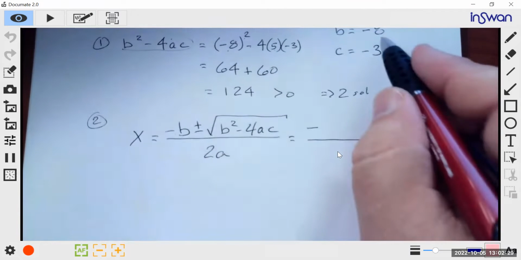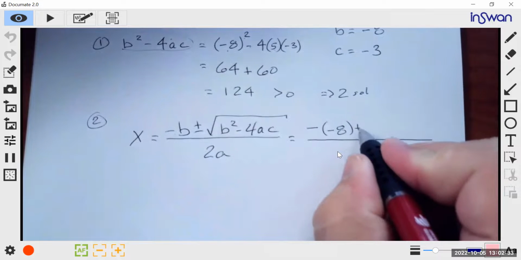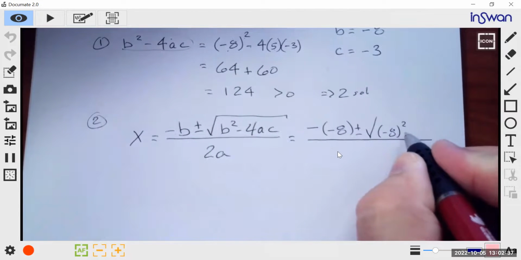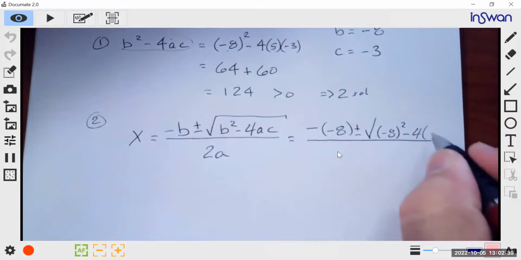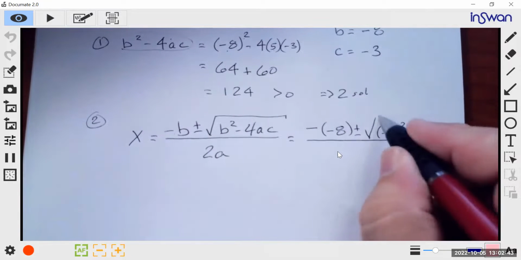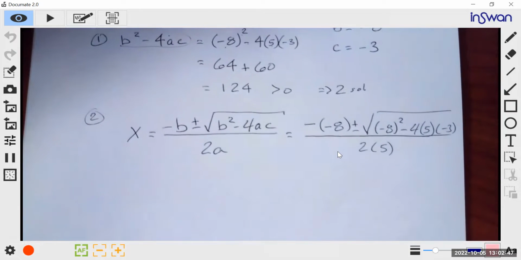Negative b is -8, so it's negative of a -8. b is -8 squared, minus 4 times a times c, over 2 times a.